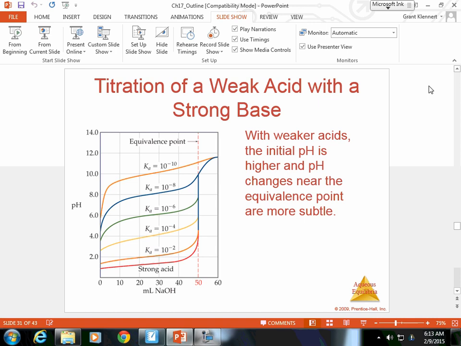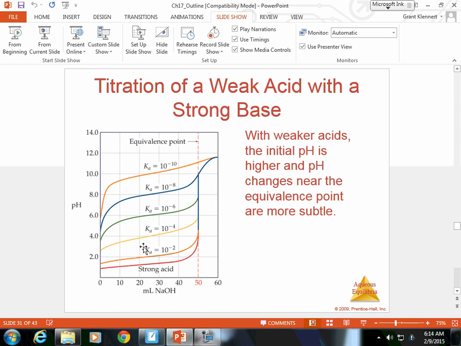Now, if we look at the process, we have a weak acid with a strong base. You can see what happens to the equivalence point and how the graph will look based on our Ka values. As the Ka values get weaker, our pH graph changes dramatically. If we start off with a strong acid, like a Ka of 10 to the 0, you can see we have a sharp spike and then a change, and our equivalence point is going to be around 7.